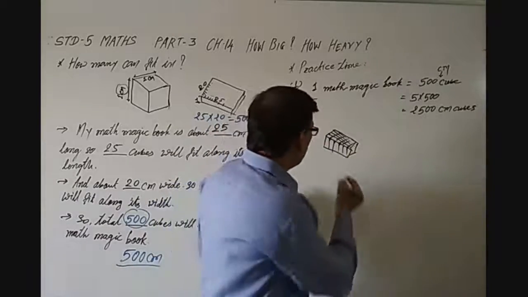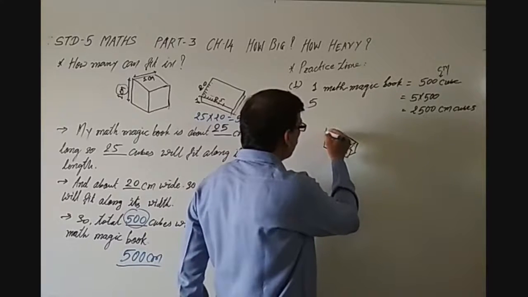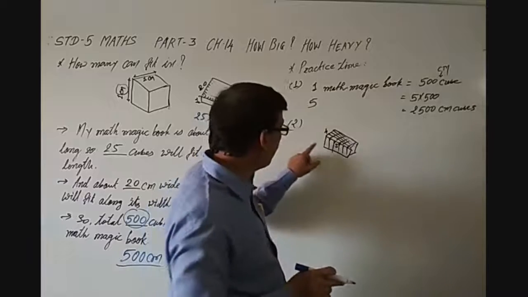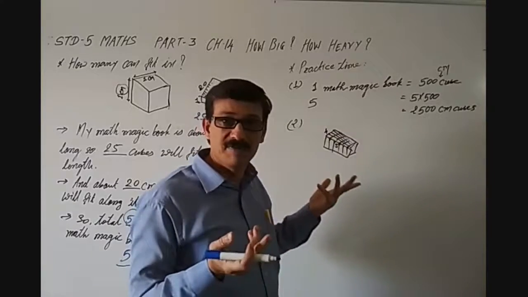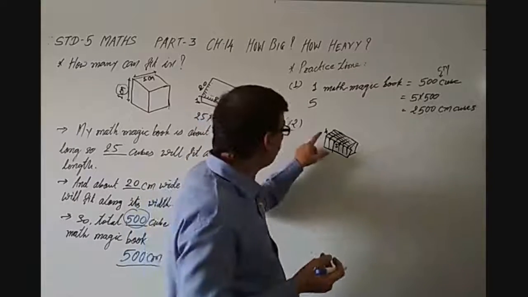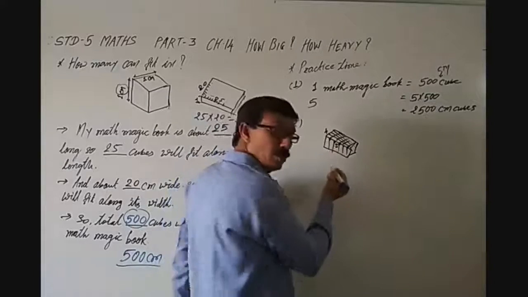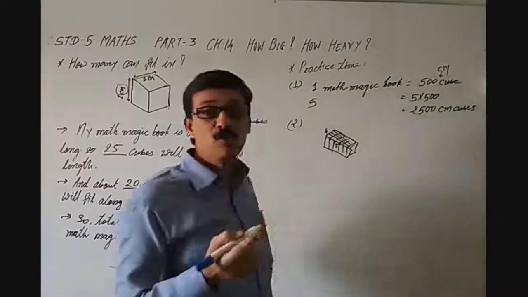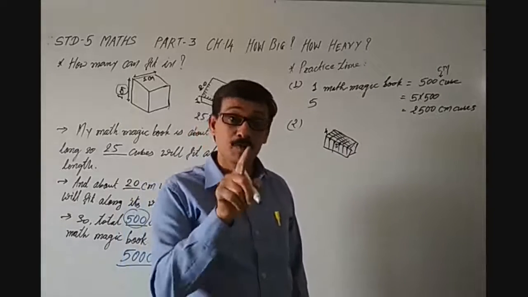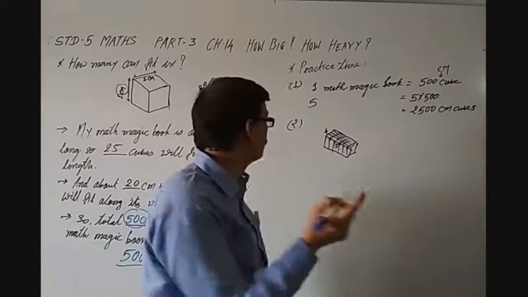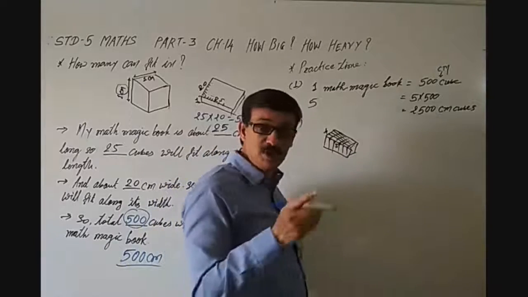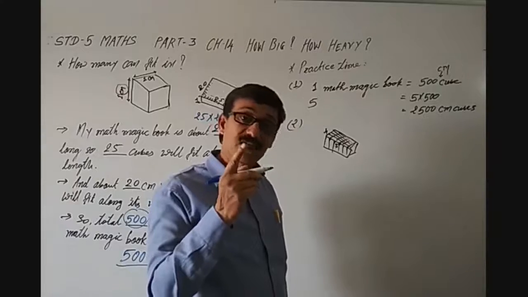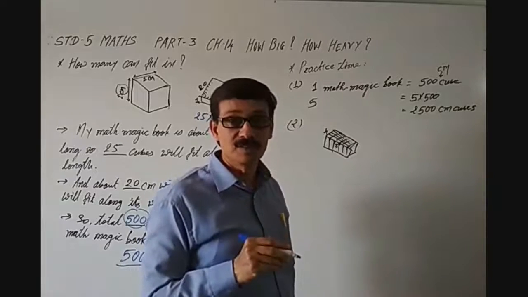So we have to arrange 4 this way, length 5 this way, and 1 centimeter is the height. So we have to arrange 5 multiplied by 4, which is 20 cubes. 5 multiplied by 4 is 20, so 20 cubes, but it is 20 centimeter cubes.